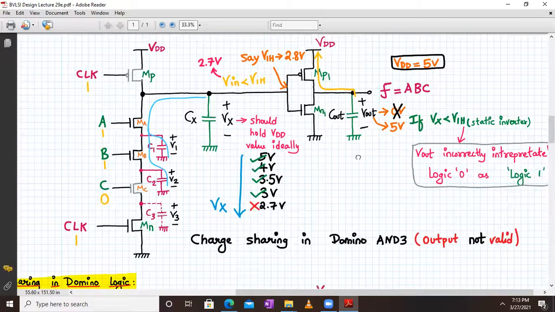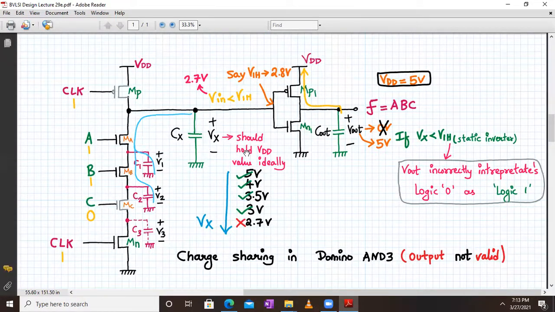Let us go down the line. Let's say that the Vx voltage is still dropping down. It has gone from 5 volts to 3 volts, and now it has become 2.8, 2.7 in fact. As soon as it reaches 2.7, my Vin has become less than VIH. So this inverter will interpret the logic 1 input incorrectly.